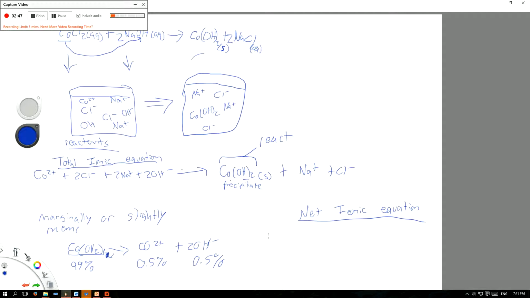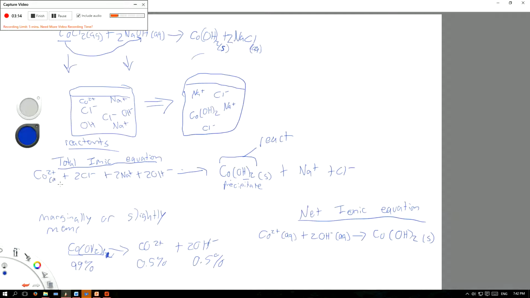So, to make the net ionic equation, it's just its components. Which is going to give us this. So now we have our net ionic equation. Oh, this is solid, so it changes.